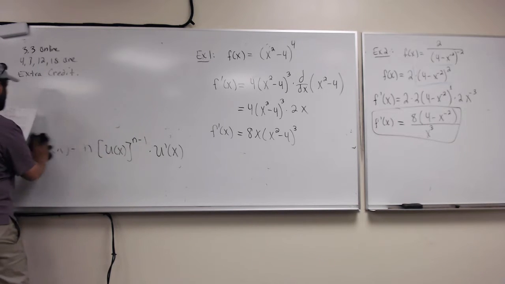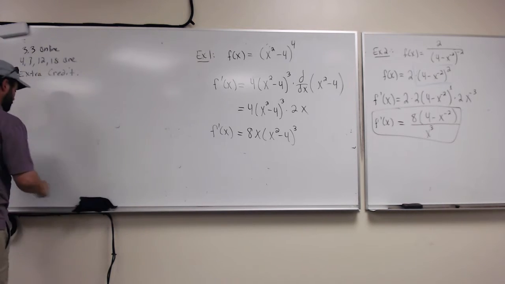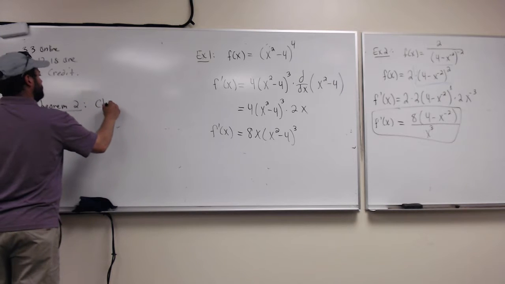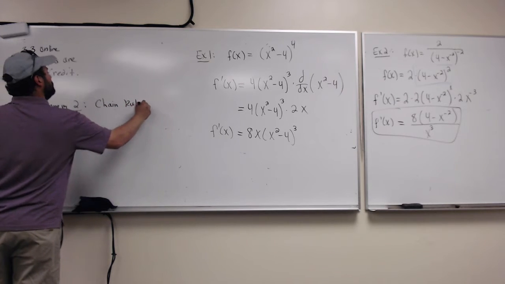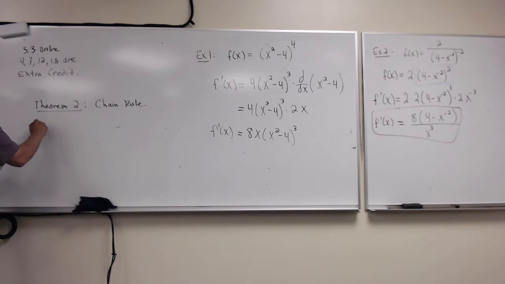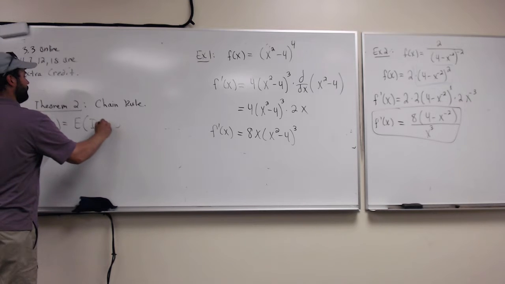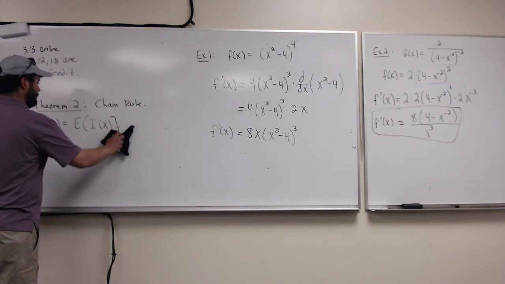So now the chain rule, theorem 2. Okay, so if your original function is m of x, I don't know why they chose m. I do have some idea of why they chose e and i.